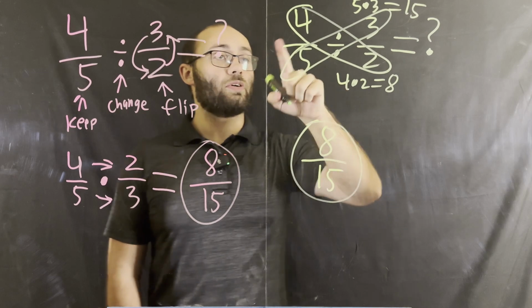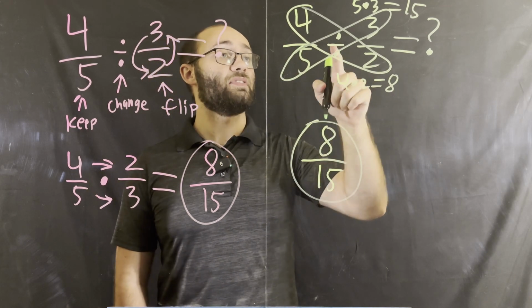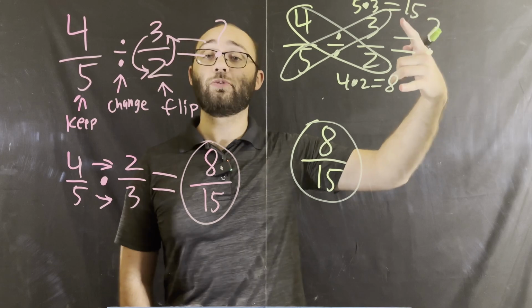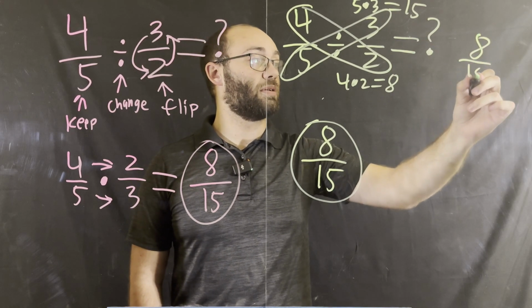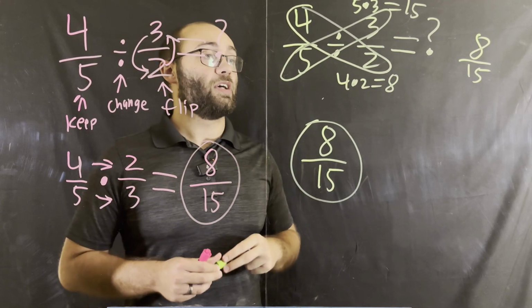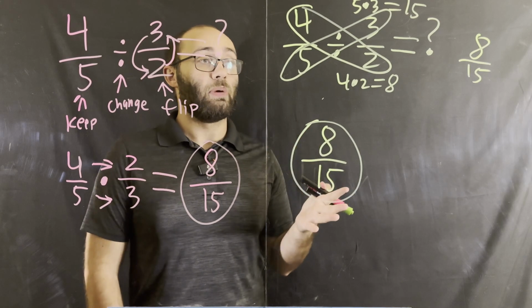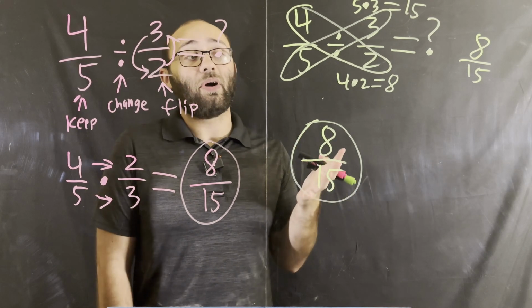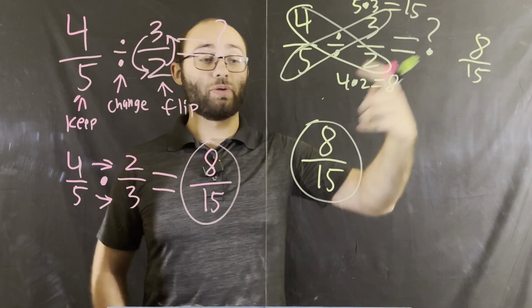Another way that you could do the cross multiplying is you could do 4 times 2, 8, 5 times 3, 15, and then if you remember to flip these and write it as such, you'll still get the correct answer. When it comes to the cross multiplying method, I think it's more straightforward. There's no weird trick that you need to remember, but the tricky part of it is remembering which number goes on top and which number goes on bottom.